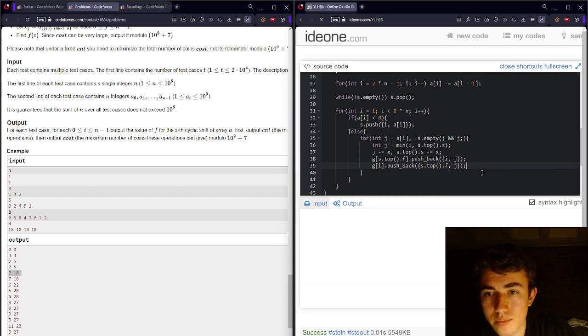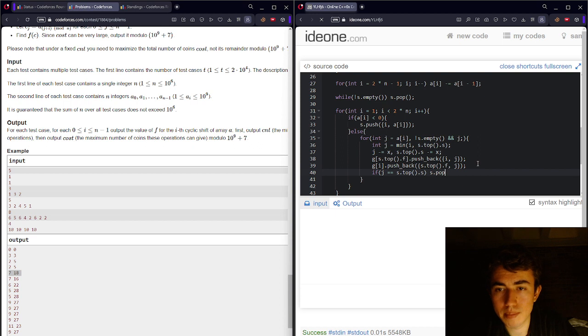And then if J equals S dot top. No, this should be X. What are you doing?